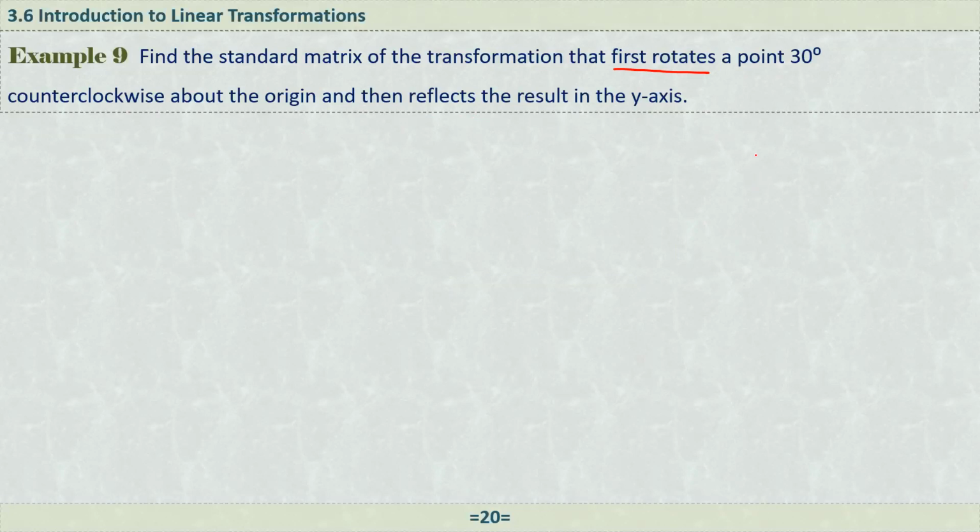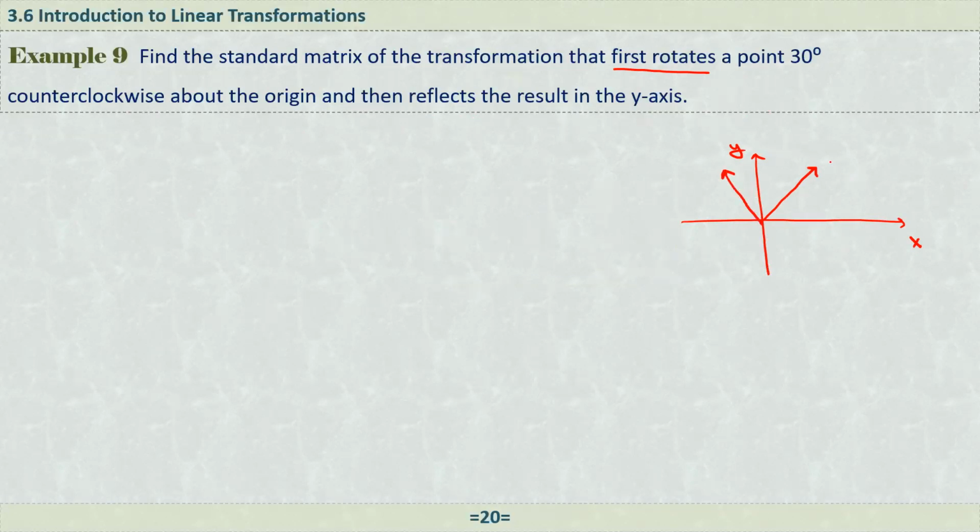So here, what's going on here? If we are given a point x, y in R2, let's say we're given a point here. So the first transformation should rotate this 30 degrees. Maybe it is somewhere here.